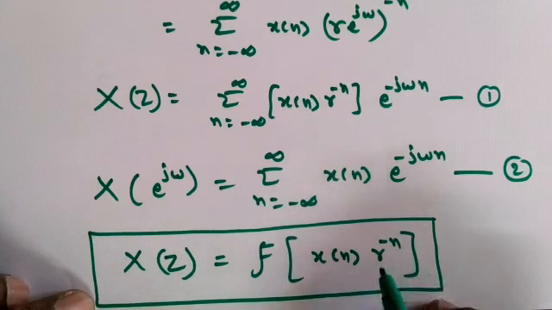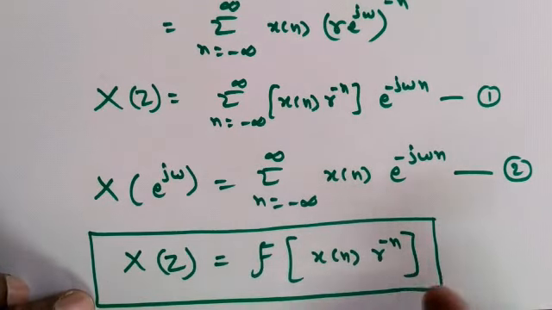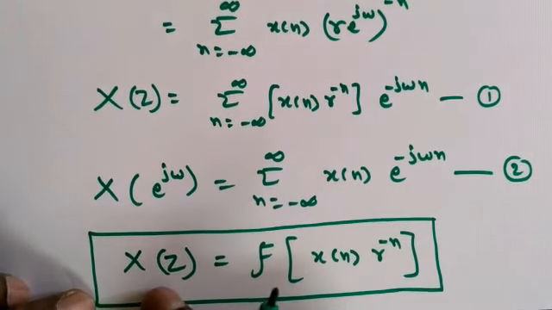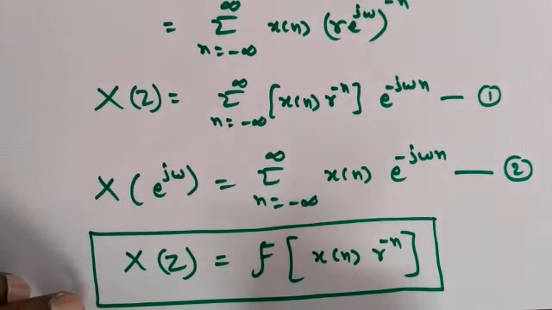We are multiplying with some r power minus n. Depending on this r value, it may be a rising function or a decaying function. So depending on this r value, we'll have a finite z transform, and that finite range of r is nothing but the ROC of the z transform. So this is about the relation with the DTFT.